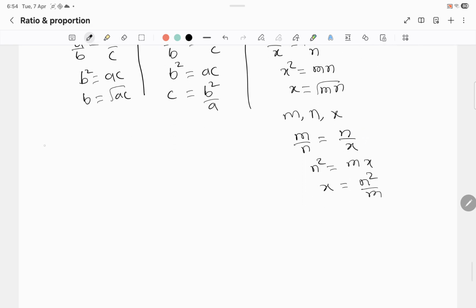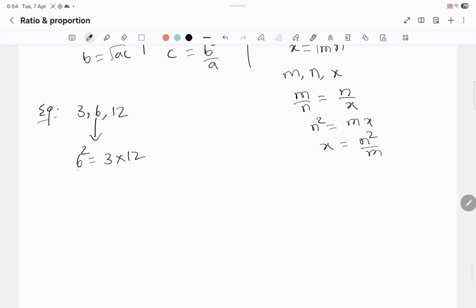Now how will the question be? Suppose the mean proportion of 3, 6 and 12. Whether they are in proportion or not, we need to check. So what is the rule? B square, means 6 square, is equal to 3 into 12. Whether it is correct or not. So 6 square is equal to 3 into 12 is correct.